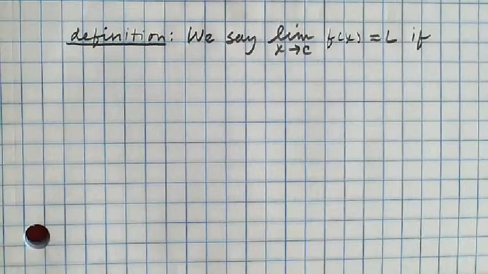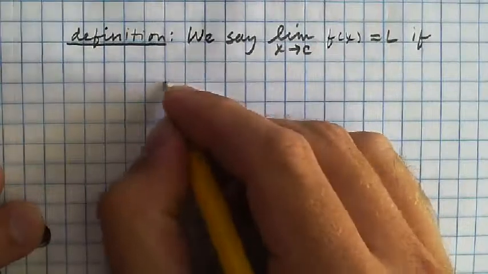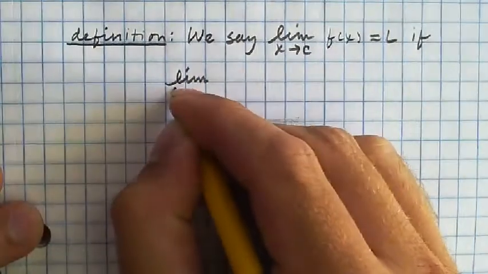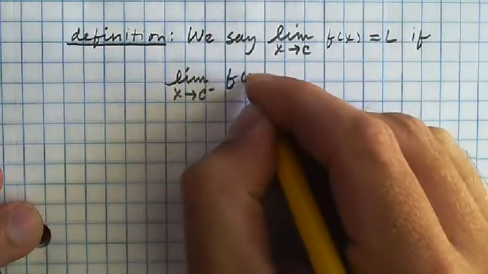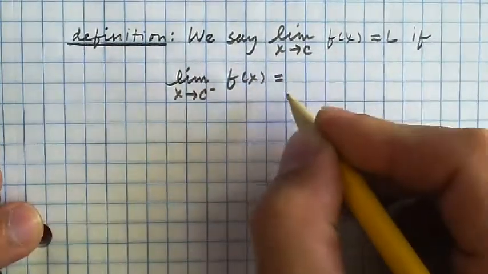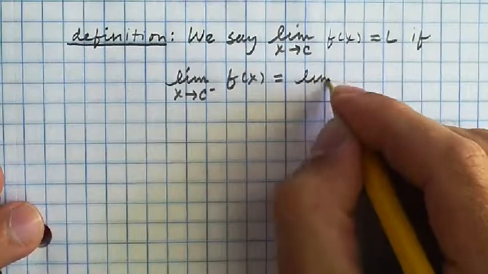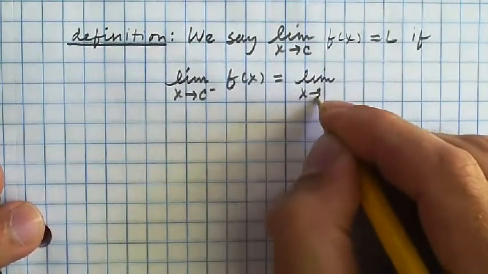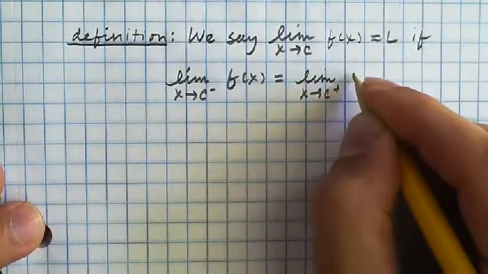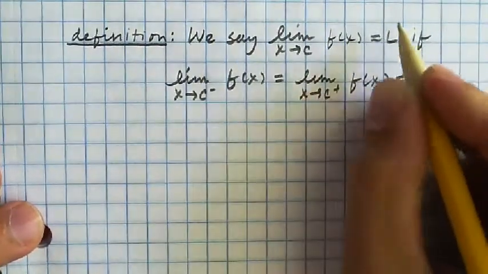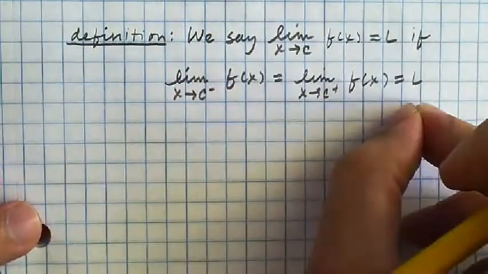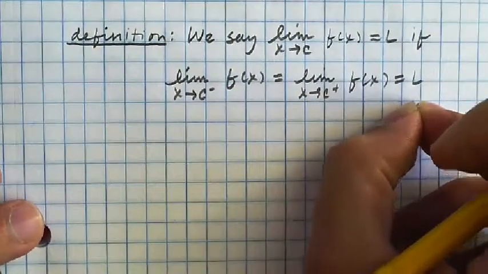Okay, and what we're going to say as our definition of a limit is that we will say that the limit equals L if the limit as x approaches c from one side is equal to the limit from the other side, and they both equal L. Okay, so the value that they would agree on would be the value of the limit.